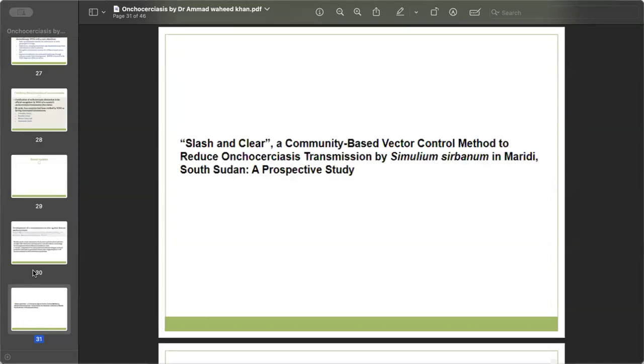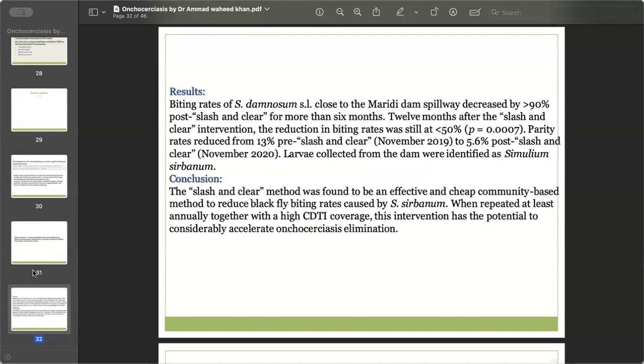Slash and clear, a community-based vector control method to reduce onchocerciasis transmission by Simulium damnosum in Maridi, South Sudan, a prospective study. Biting rate of S. damnosum close to the Maridi Dam spillway decreased by 90% post-slash and clear for more than 6 months. 12 months after the slash and clear intervention, the reduction in biting rate was still at less than 50%.